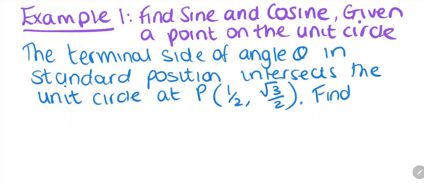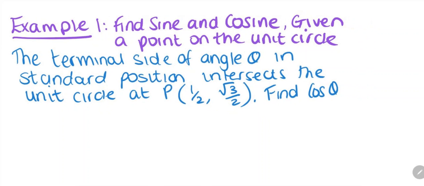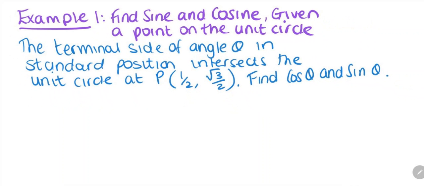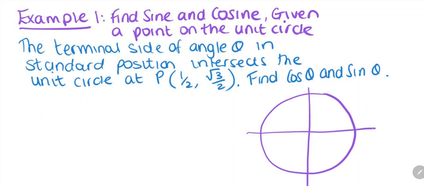Find the cosine of theta and the sine of theta. So if I was to draw my unit circle, the point here where it intersects is the point a half, comma, root 3 over 2.